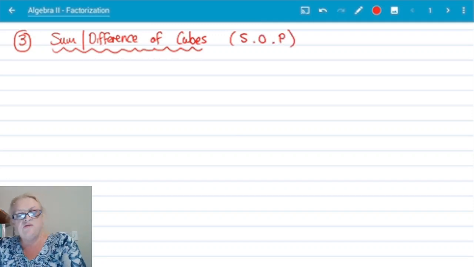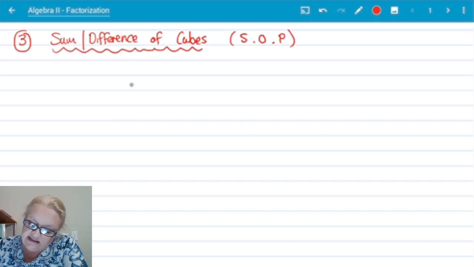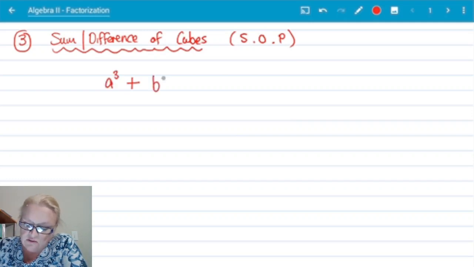SOP stands for same, opposite, plus. What do they look like? In this kind of a sum, it doesn't matter if you've got a plus or a minus. But again, you need two terms, of which the first one needs to be a cube, and the last one also needs to be a cube. So this is a sum or a difference of two cubes.